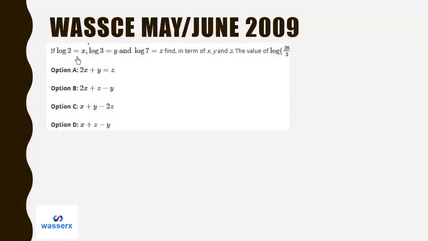So we have this: if log 2 equals x, log 3 equals y, and log 7 equals z, find in terms of x, y, and z the value of log 28 over 3. We know that we can write log 28 over 3, using that law, as log 28 minus log 3.